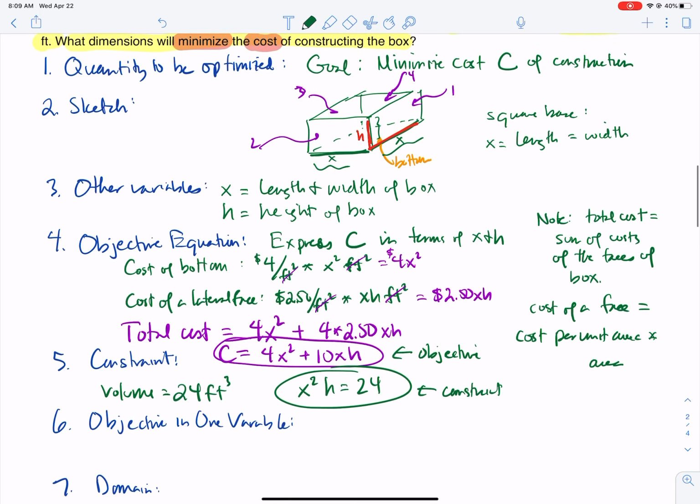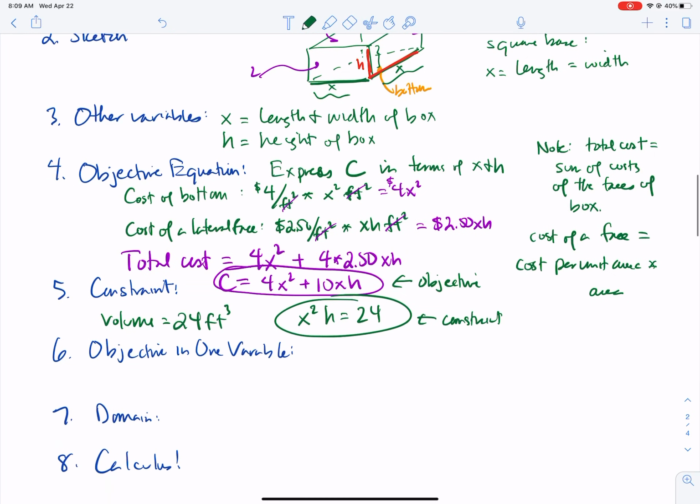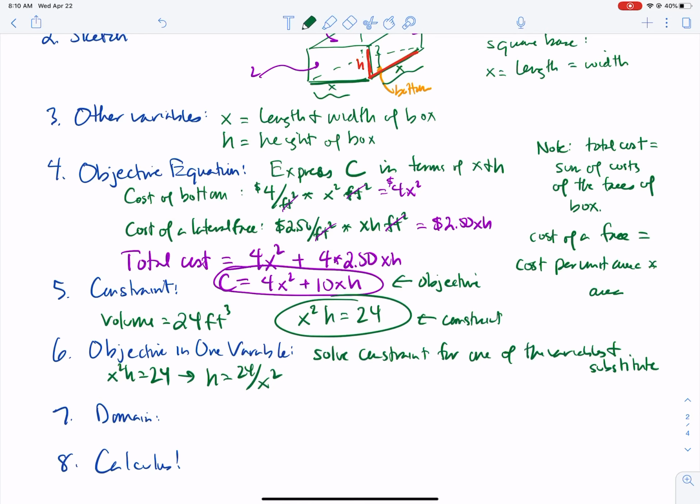So now let's remember what we do. We get the objective equation in terms of one variable. I'm going to solve the constraint for one of the variables and substitute it in. Okay, well, here if I've got x squared h equals 24, it's probably easiest to solve for h.